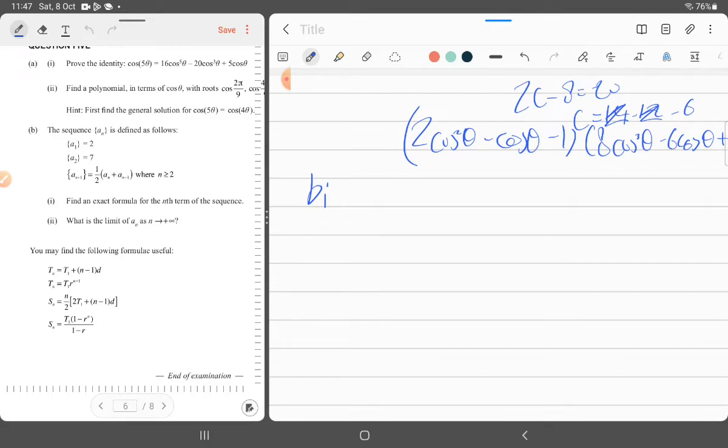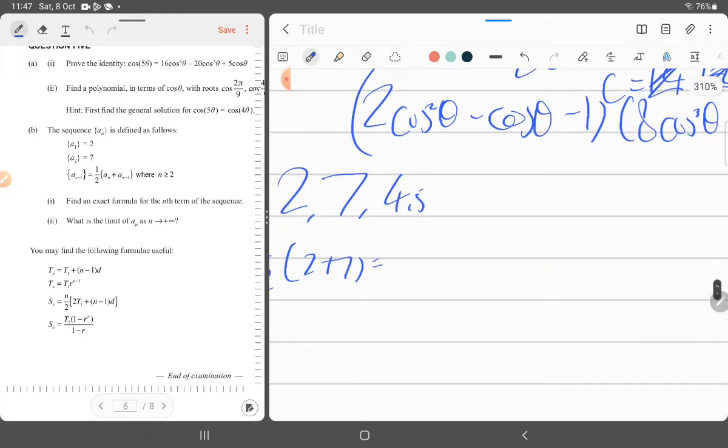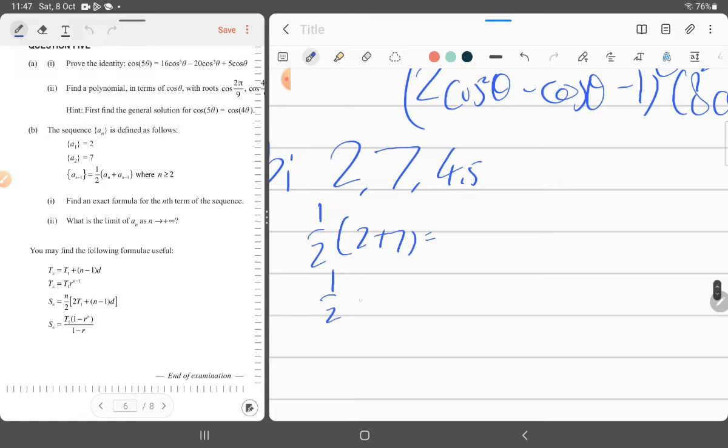So first sequence is 2, 7, then second sequence is half 2 plus 7, which is equal to 4.5, then half 4.5 plus 7, which is equal to 11.5 over 2, which is equal to 6.25. Yeah, I'm pretty sure it just keeps alternating between up and down.